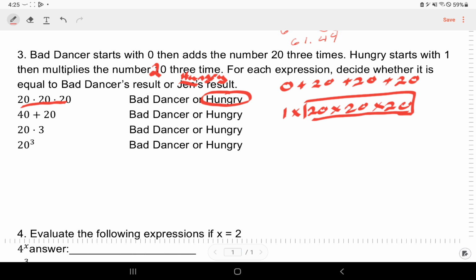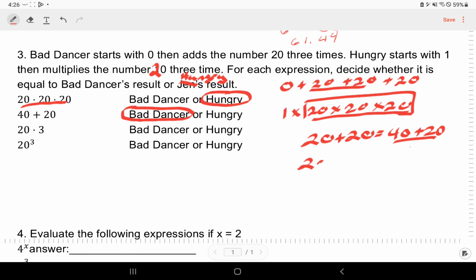Now, 40 plus 20. Well, 20 plus 20 is 40. And we had another 20 to go. So that's Bad Dancer.